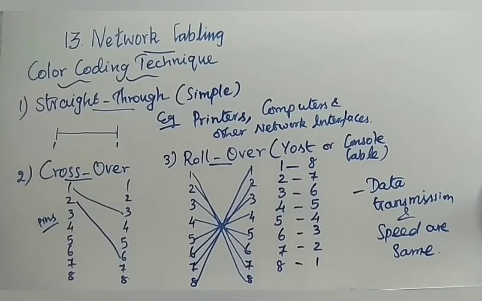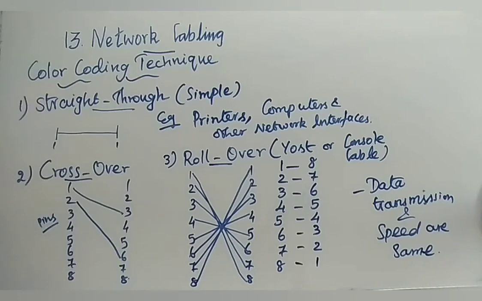We can't say the straight through wire is better than crossover wiring, or that the rollover wire is better. It is quite impossible to tell. All three perform data transmission and speed at the same rate.